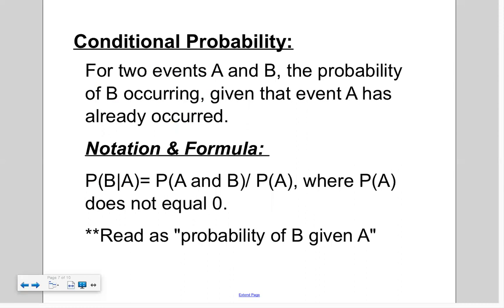So for two events, A and B, the probability of B occurring, given that A has already occurred, we can use our probabilities to find these. The formula is right here, and we're going to use it on a couple examples.